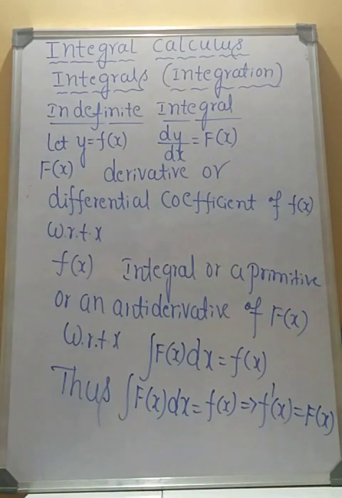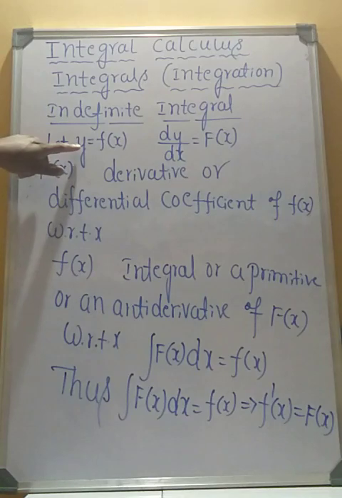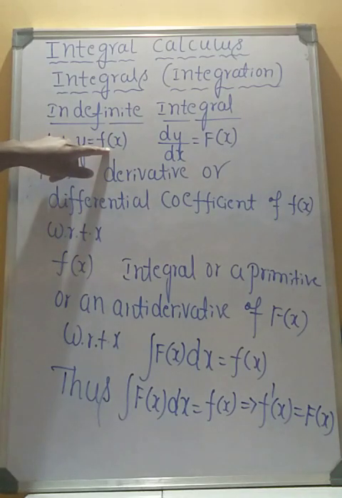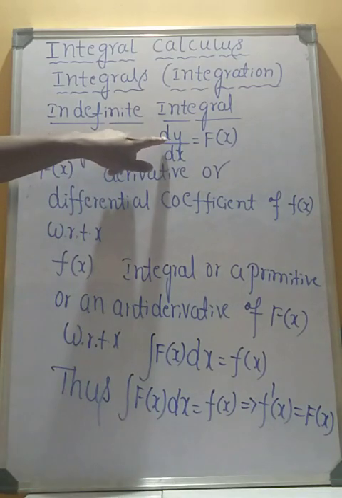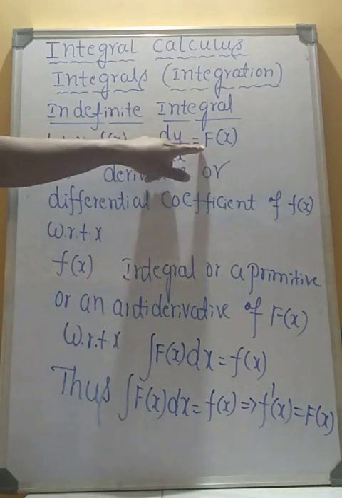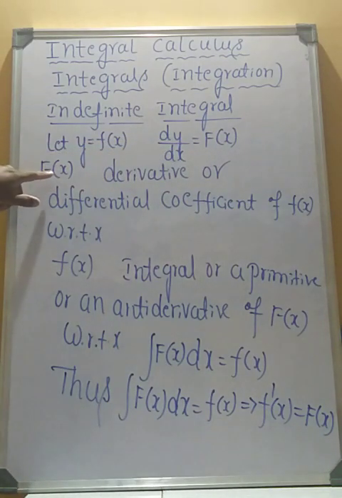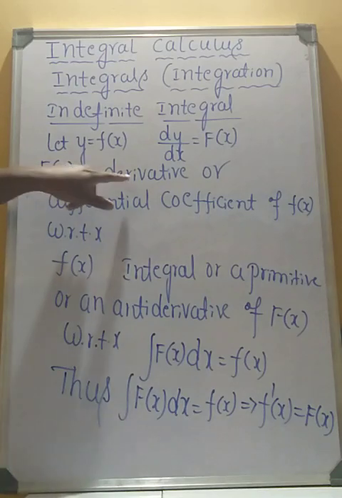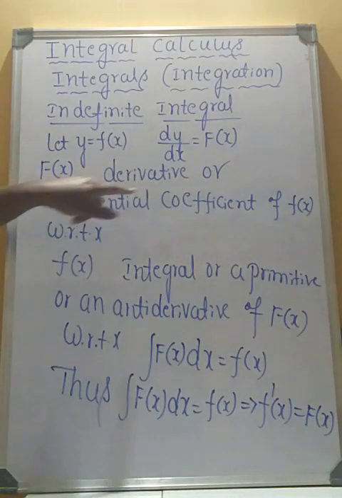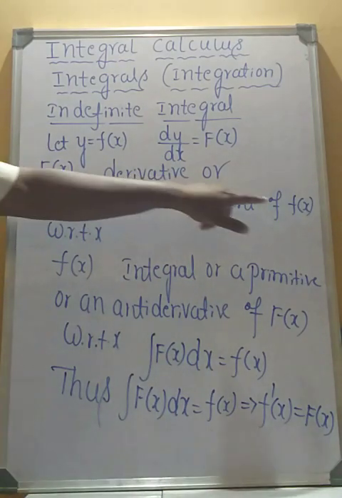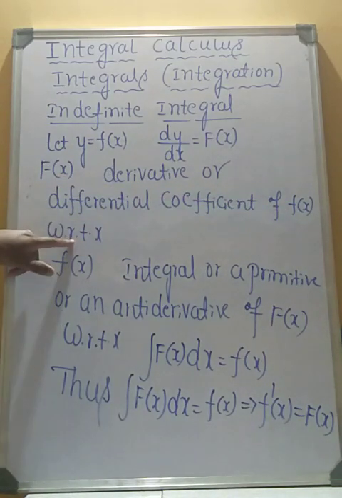So look here. Once again, let y is equal to f of x be a function such that dy by dx is equal to capital F of x. The function capital F of x is called the derivative or differential coefficient of f of x with respect to x.